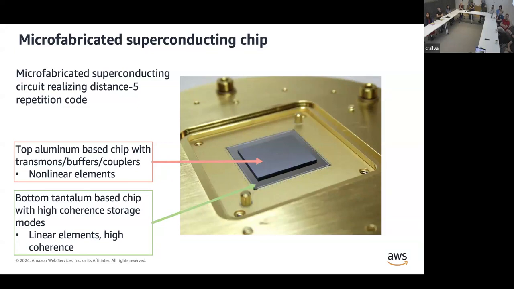But for our cat qubits, we want them to be as good as possible. And there is a material which is better, called tantalum, where you can have higher Qs. So the bottom chip was this tantalum, and then we glued them together, and that's how we get this layout that I showed you before.